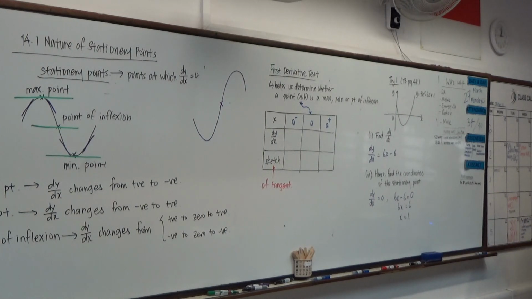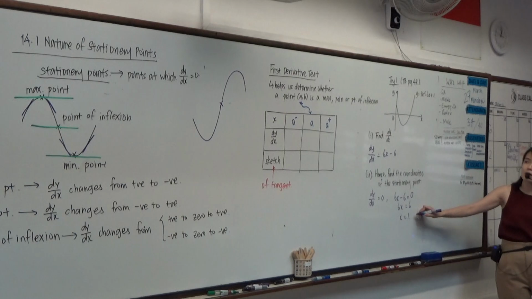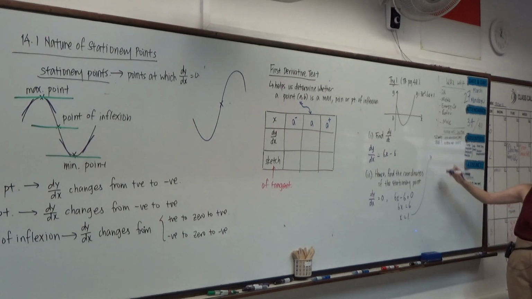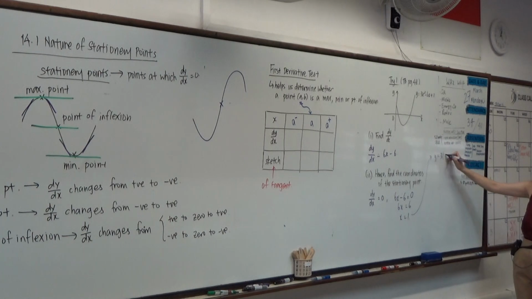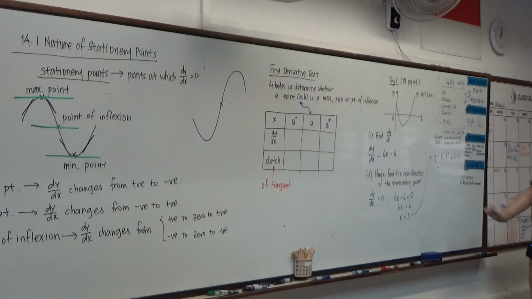But I want the full coordinates, so I must find out what is the y coordinate. So substituting the x coordinate into the curve, because your point must lie on the curve, therefore your y value is negative 2.